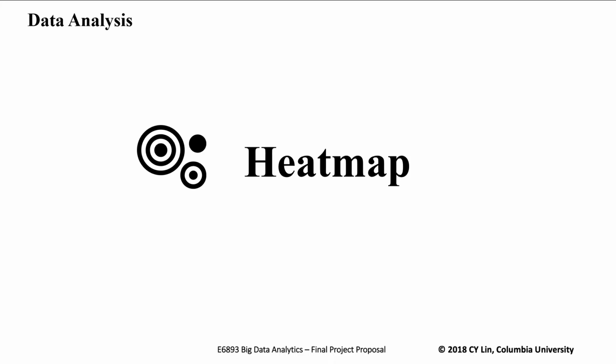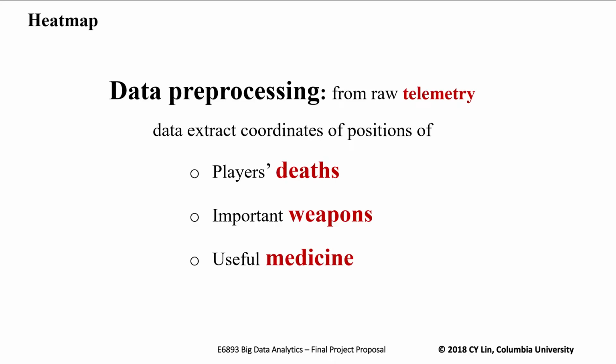The first function we implemented is the death and the weapon and medicine heat maps on different kinds of maps. The data we use in this function is extracted from the telemetry data. We run through each event of the telemetry data, extract item, player name, and locations, separate them by the map name, and store them in CSV files.